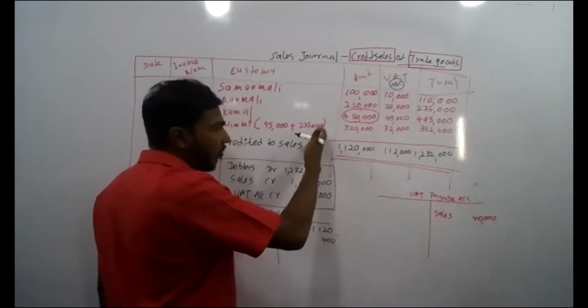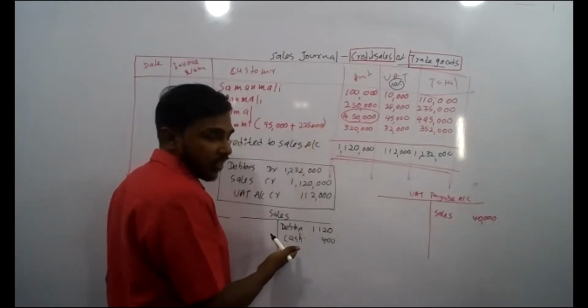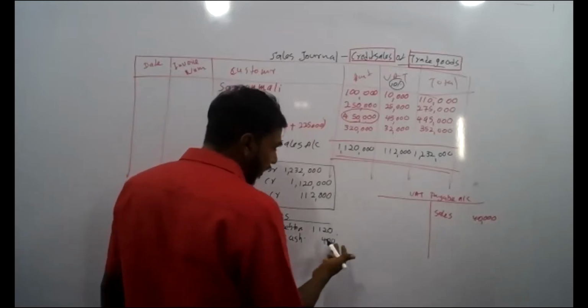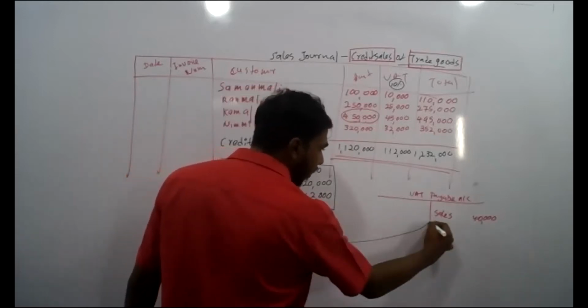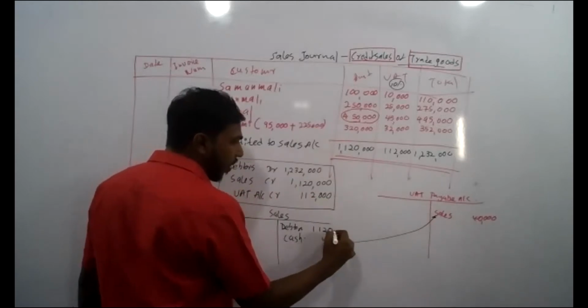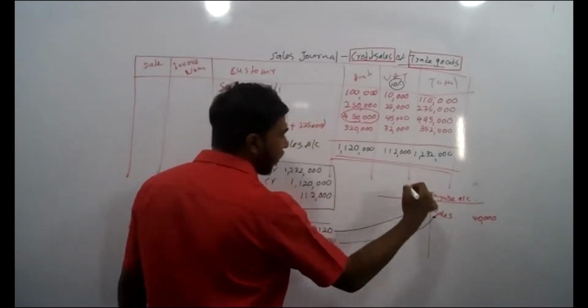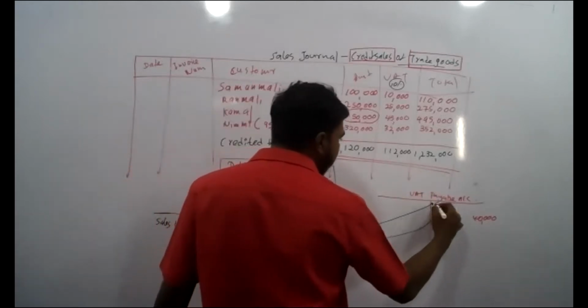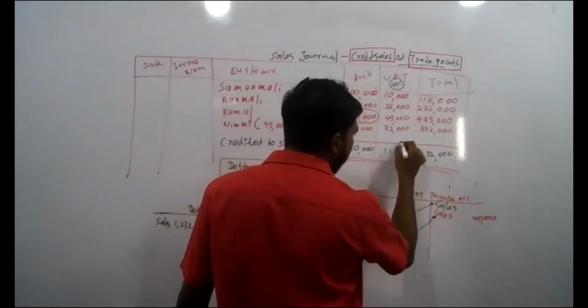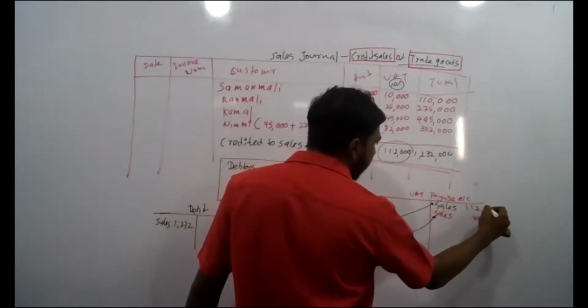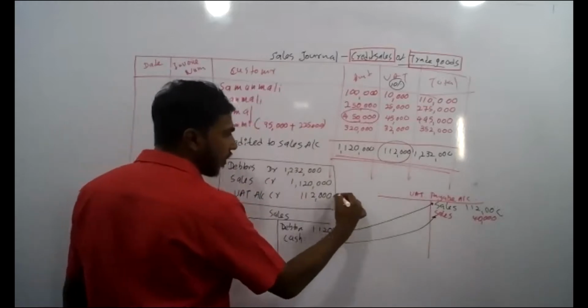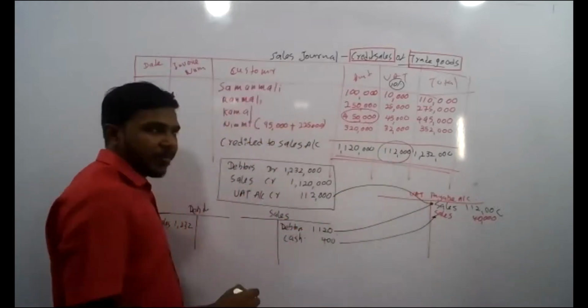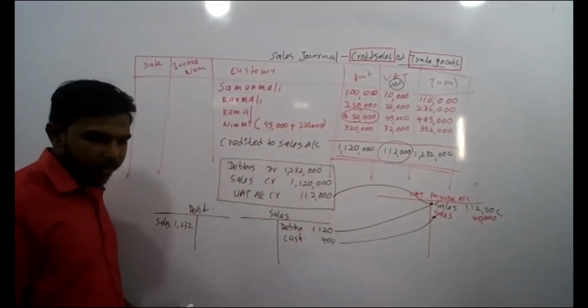It doesn't matter that it doesn't come for the sales journal. Then that VAT is here, the VAT for this cash sales. Then for the credit basis sales, the VAT is how much? See, 112. This is the VAT. Clear? That's how you have to prepare it.